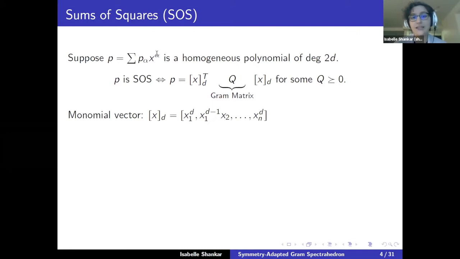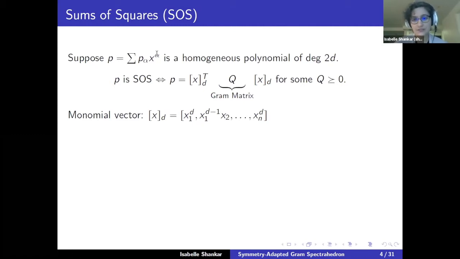The x bracket is actually a monomial vector. It's a vector of all monomials of degree d, right? So we started with a polynomial of degree 2d, and then this x bracket is all degree d monomials.